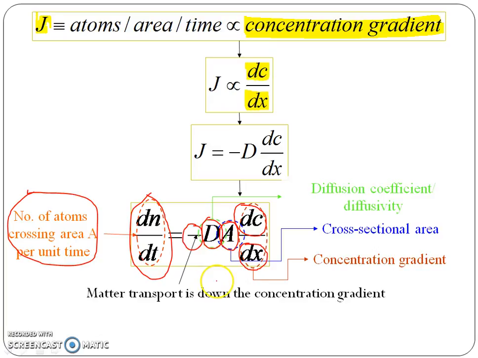So this equation dN/dt equal to minus D A dc by dx is popularly known as Fick's first law. I think some of you have already heard this particular equation. This is the famous Fick's first law for molecular diffusion.